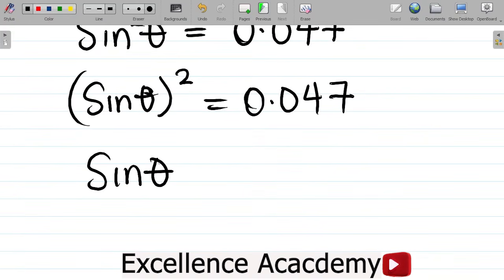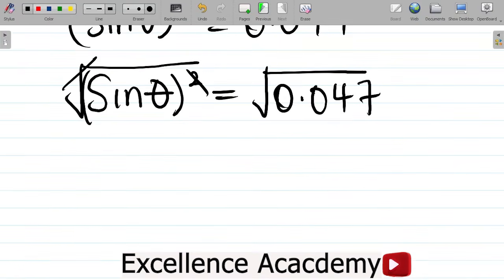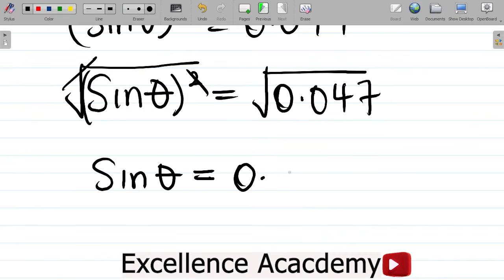If I take the square root of both sides, you have the square root of sine theta all squared equal to the square root of 0.047. This cancels this. So from here, you have that sine of theta is equal to the square root of 0.047, which gives 0.217.